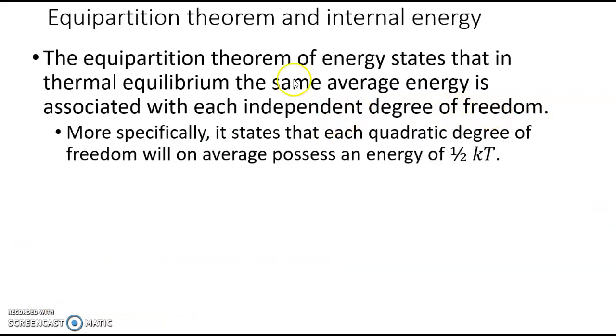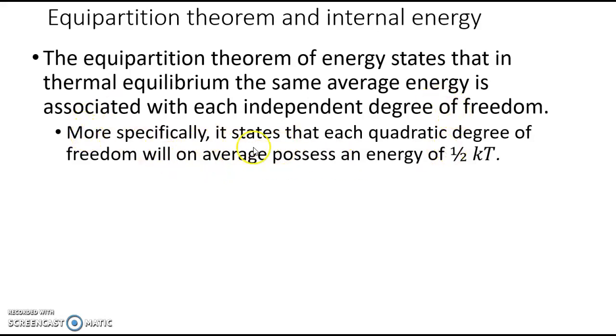So the equipartition theorem can be used to calculate internal energy from degrees of freedom in a crude way. The equipartition theorem states that in thermal equilibrium, the same average energy is associated with each independent degree of freedom, and our degrees of freedom are the translational, rotational, and vibrational.